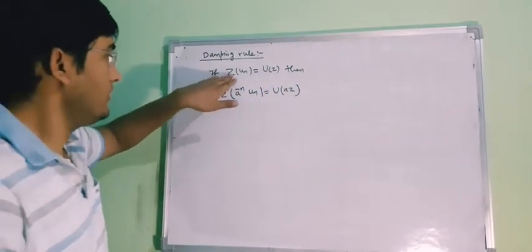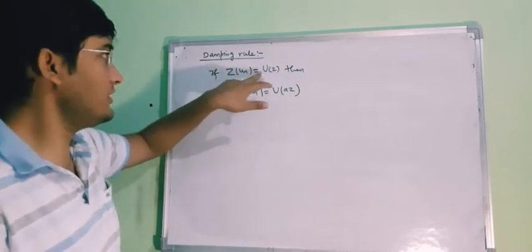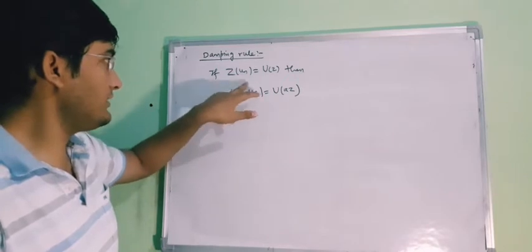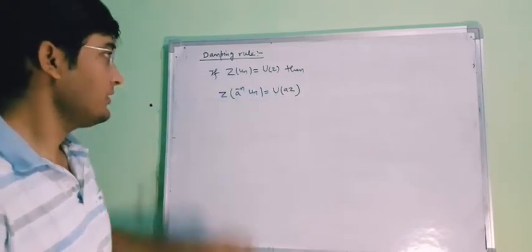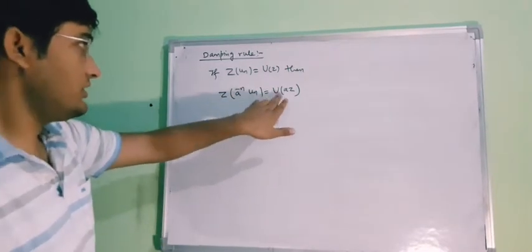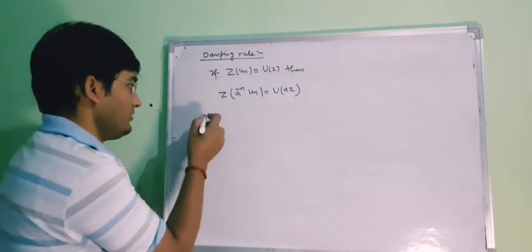So if the Z transformation of the function or sequence u(n) is U(z), then if you multiply this u(n) by a power minus n, then this z will get multiplied. So this is your U of a times z, and that is why we are calling it damping.